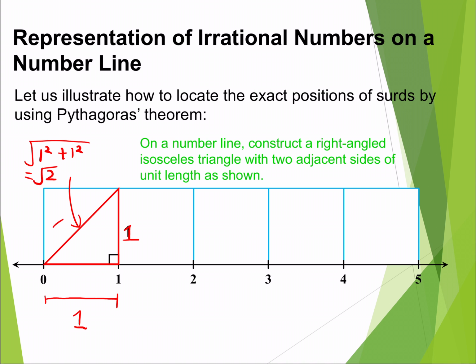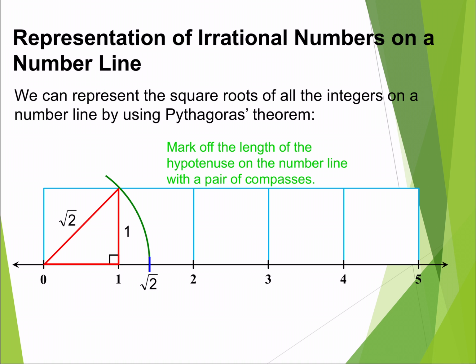So we can find the length like this. And then we can use a compass to draw a circle using the radius of square root 2. Then you can mark on the number line the exact position of square root 2.